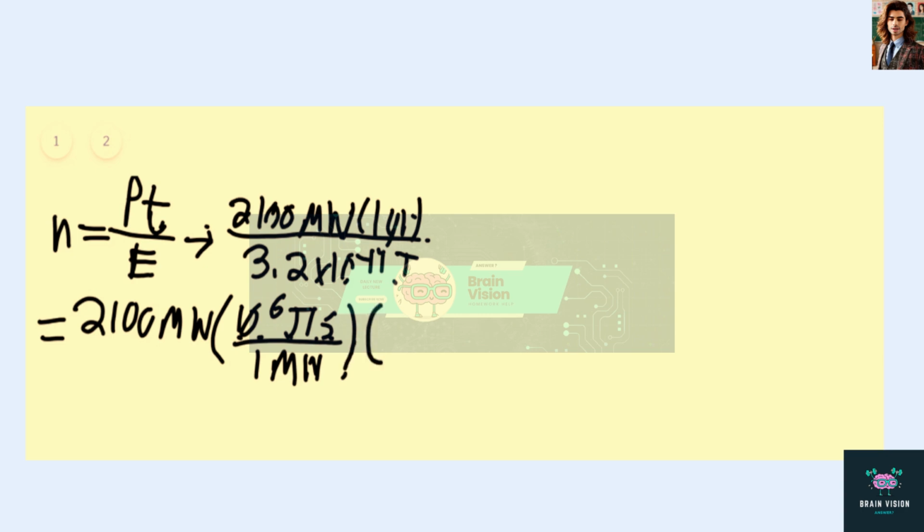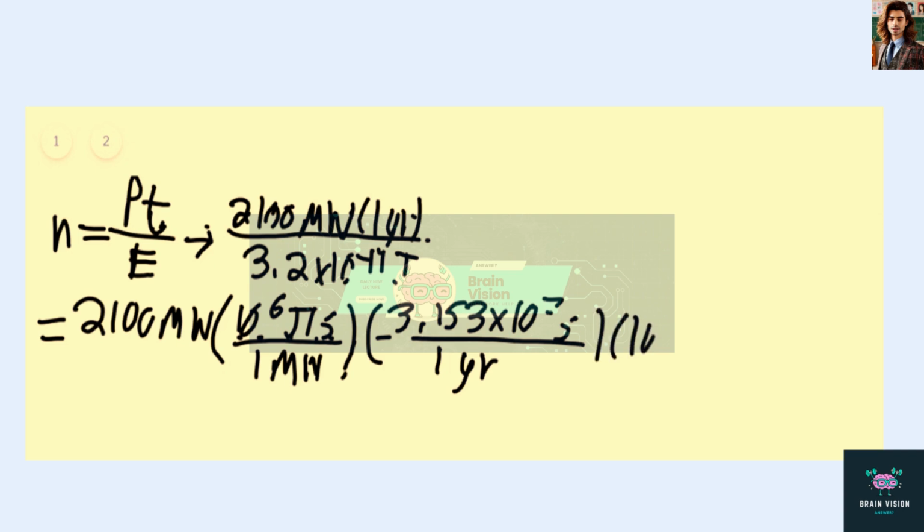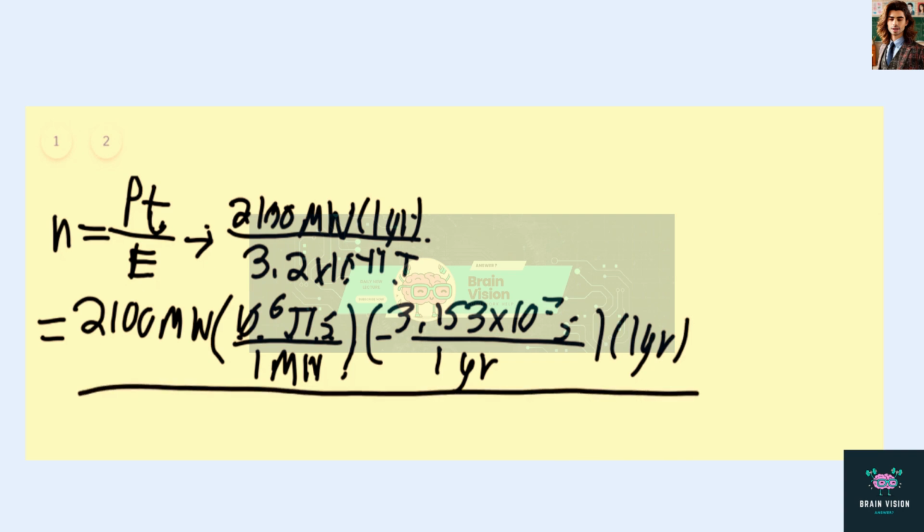And then seconds in a year, 3.153 times 10 to the 7th seconds in 1 year, times 1 year. That's your very long numerator with all of our conversions. And then divide again by 3.2 times 10 to the minus 11th joules.